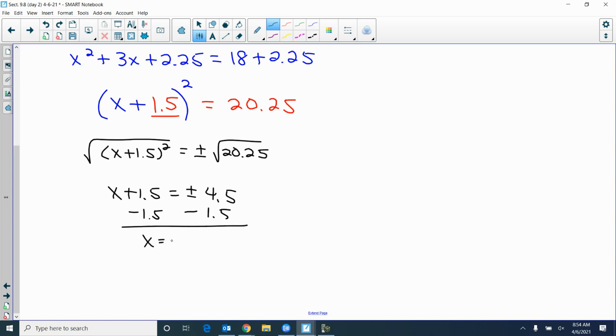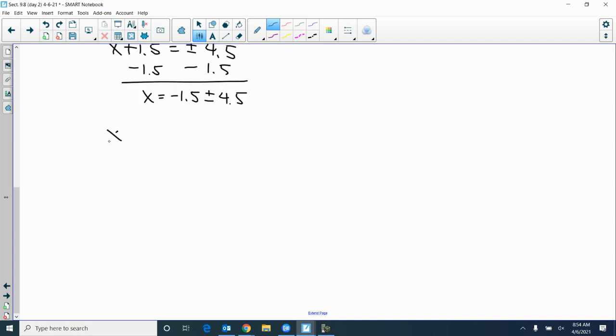So x equals negative 1.5 plus or minus 4.5. What's negative 1.5 plus 4.5? That's 3, right? Yes. Negative 1.5 minus 4.5 is negative 6. How about that? They come out to be nice numbers. Even though our work is a little bit messy, we did add some decimals in there, we ended up with nice numbers in the end.